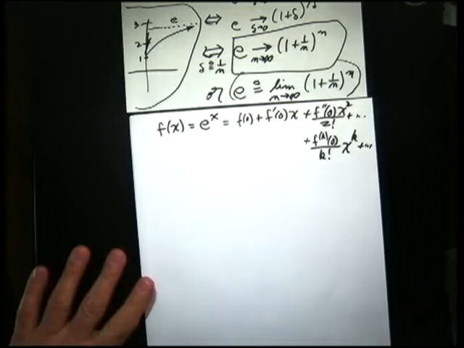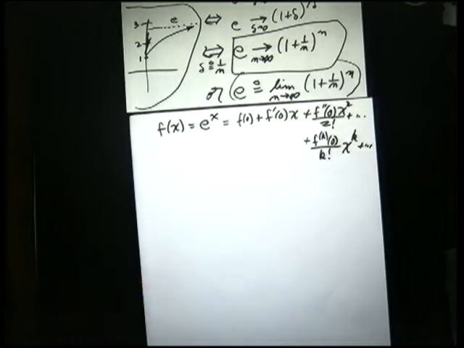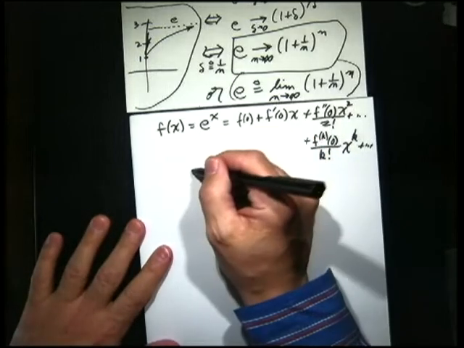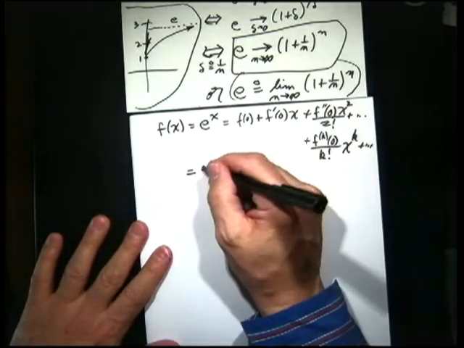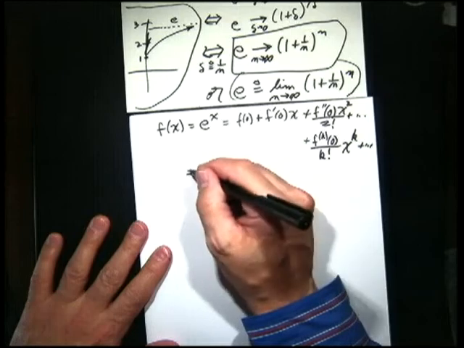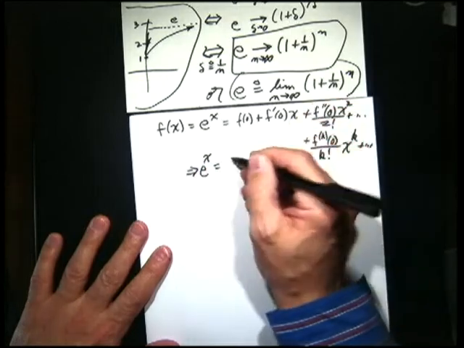Now, this is the easiest series expansion you'll ever see, because every single derivative is e to the x. If you differentiate e to the x and get e to the x for your first derivative, well, guess what? The second derivative is also e to the x, and so is the third. So e to the x is everywhere. What is e to the 0?